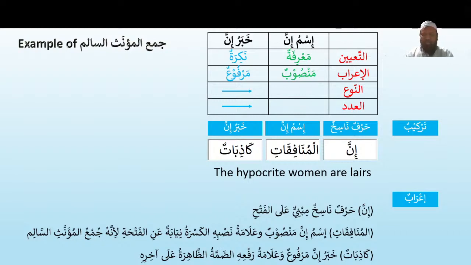Because normally the mansub shows i'rab with fatha, and this ism, because it's showing i'rab with kasra, so we say niyabatan anil fathati. This only happens in jamul muannas salim so far. There are other words we will be learning later on. We say niyabatan. كاذبات خبر إن مرفوع وعلامة رفعه الضمة الظاهرة على آخره.